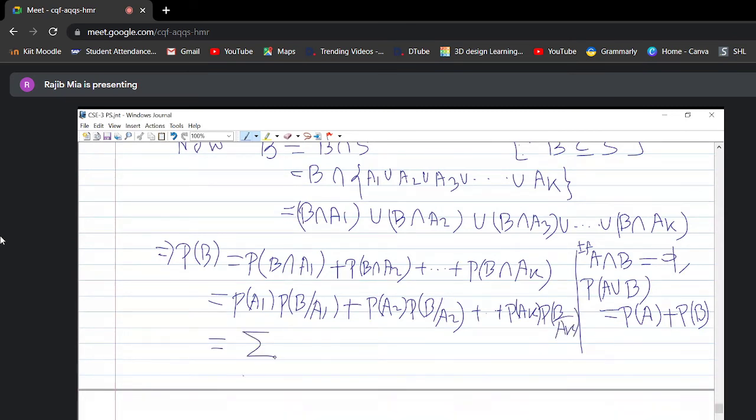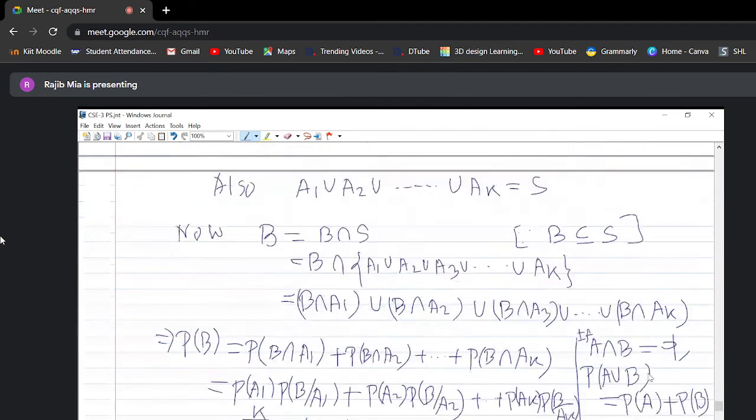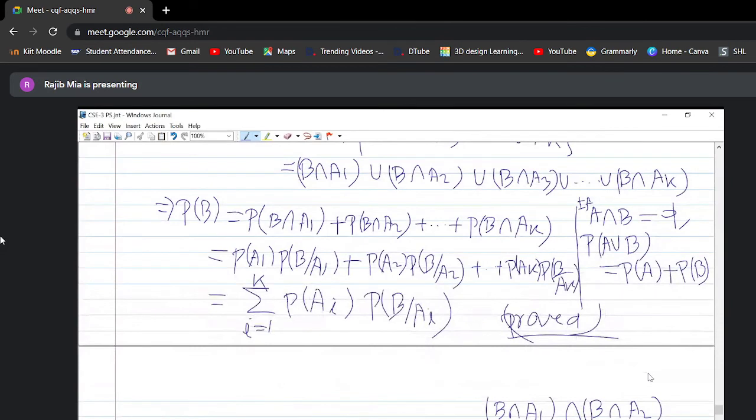In summation form, this is summation I equals 1 to K of probability of AI into probability of B by AI. This is Bayes theorem.